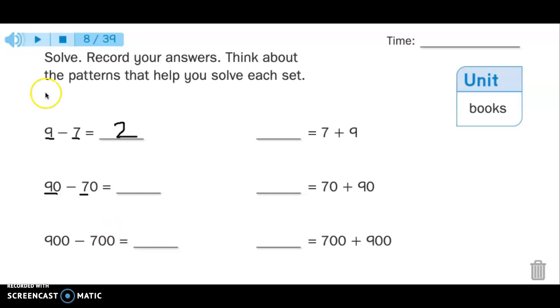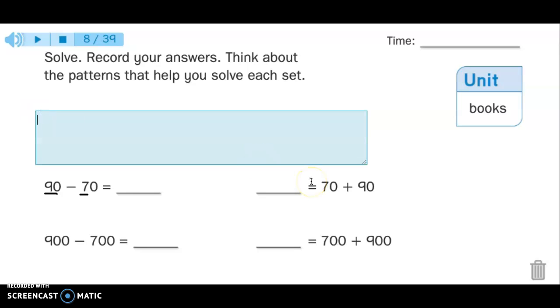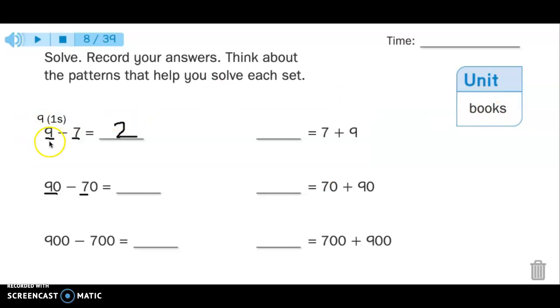Well, if we think about this as 9 ones, right? 9 is like 9 single cubes. Let's see if I can get to eToolkit. And I want the number cubes.